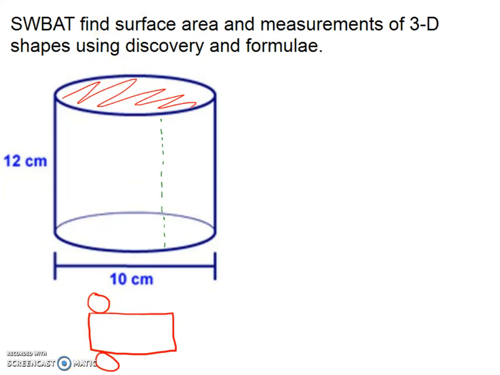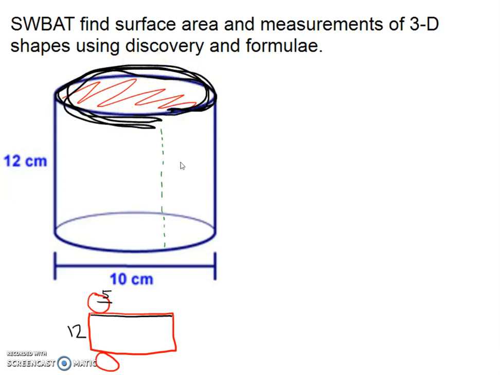Let's put in some measurements. So we've got a radius, in this case, of 5. I'm not going to draw it down there as well. You know it's the same one. And that's, of course, because the diameter was 10. The height of the rectangle is 12. And the width of the rectangle, this right here, well, that width was what I'm drawing right here. That was this, right? So that was the circumference of the circle.